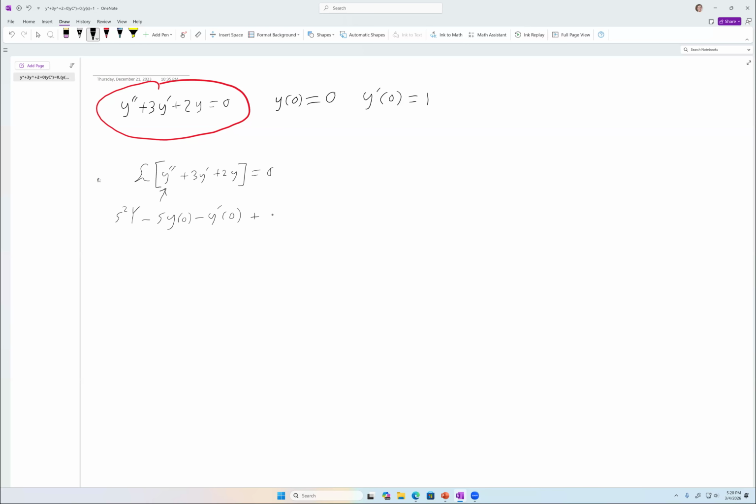And then the next one is going to be 3 times s capital Y minus y at 0. And then for our last, we're just going to have 2Y. Does that make sense how we got there? All right, cool.